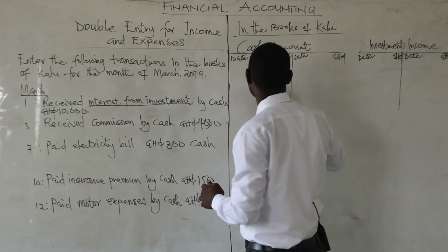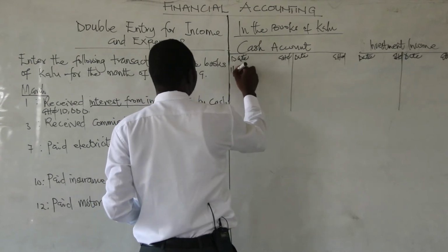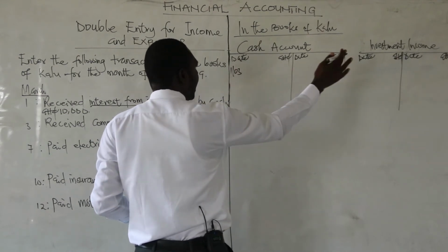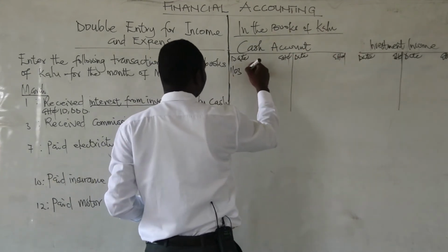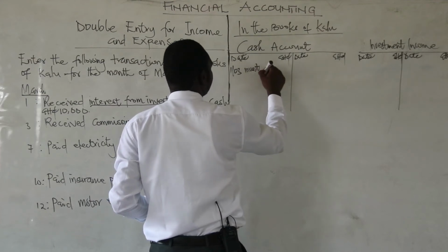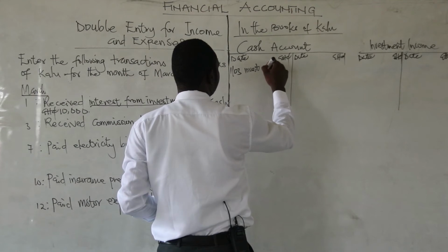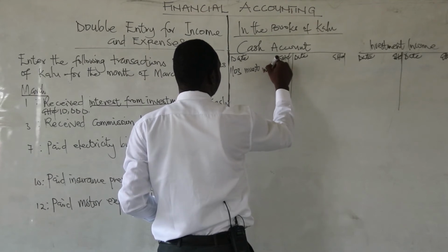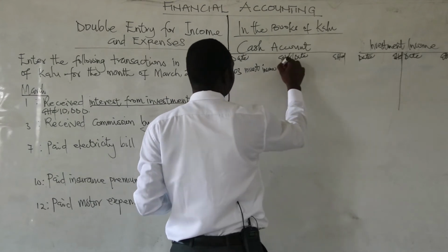Okay, so cash, the date is 1st of March, and the corresponding account is investment income. The amount is 10,000.